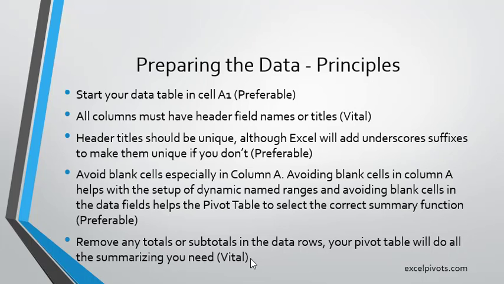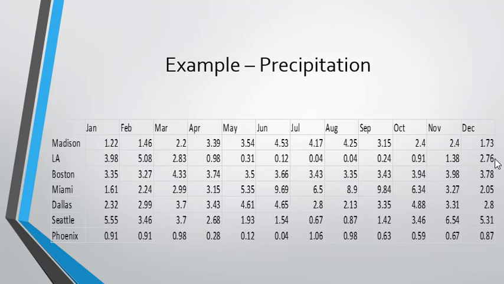So raw data is just that. It's the data, and then you let the pivot table do the rest of the work. So if you've already got those in there, you probably have to delete them or at least make sure they're not included.